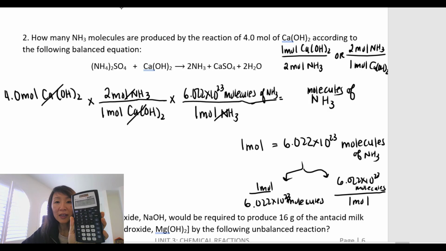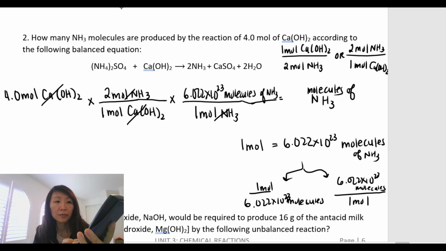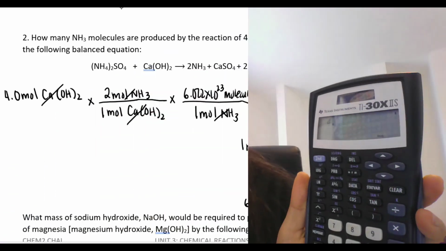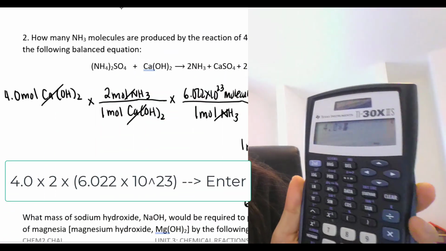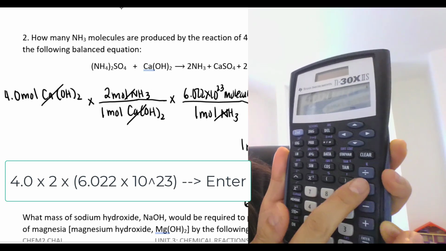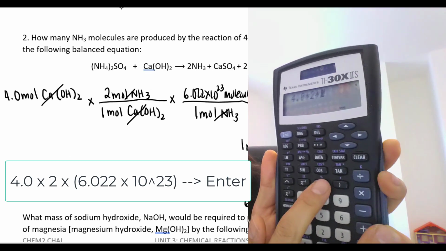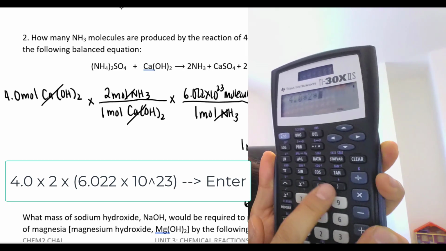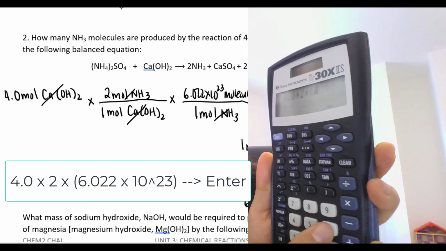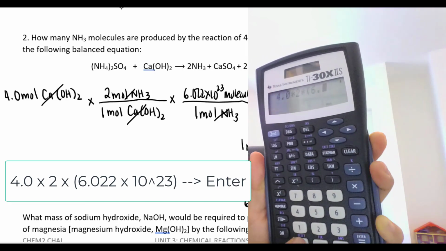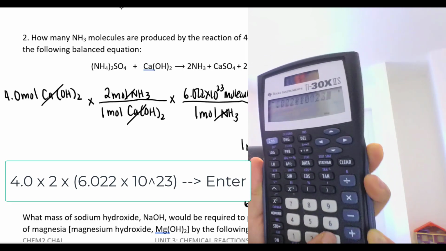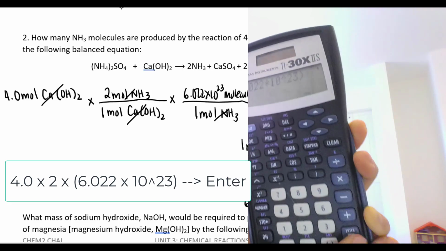So here's my calculator. 4.0, let's take care of everything on the top, times 2, times, and anytime you see this big Avogadro's number, you multiply by it with an open parenthesis, 6.022 times 10 to the 23rd, close the parenthesis, then hit enter.